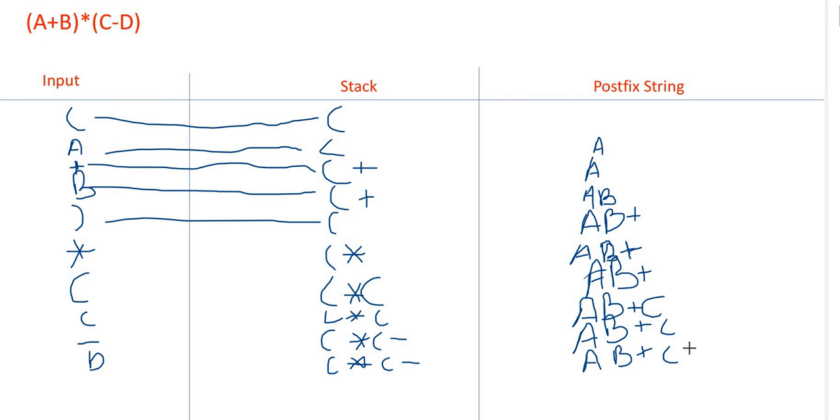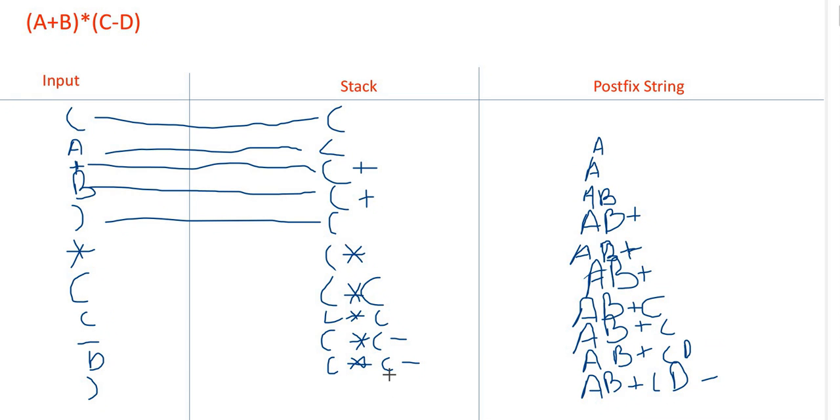Okay, now at the end of the string we have a closing parenthesis. When we encounter a closing bracket, it will pop out all the elements until we reach the opening bracket. Here minus is on the top, so we will pop out a b plus c d, and minus will be popped out.